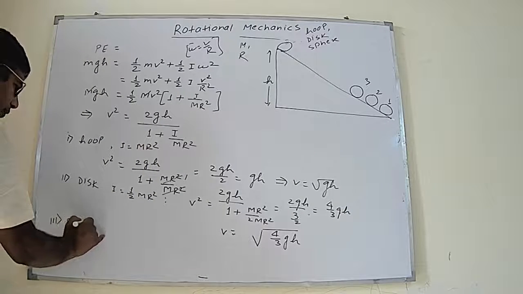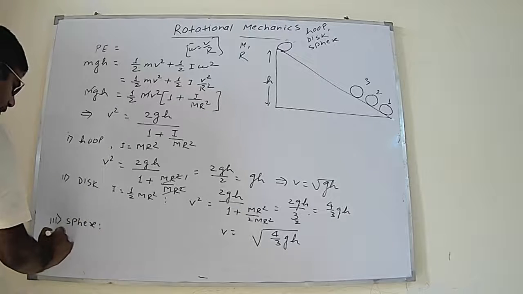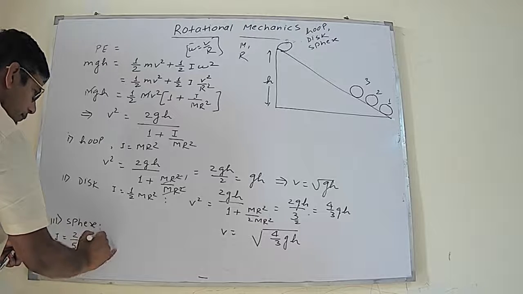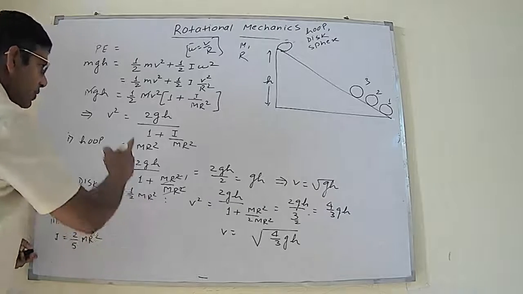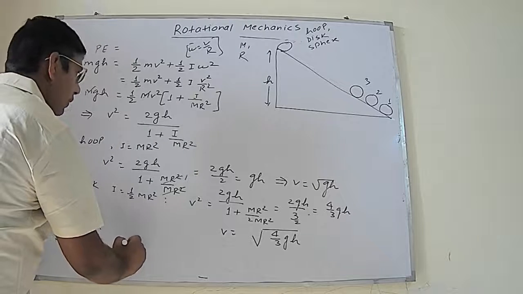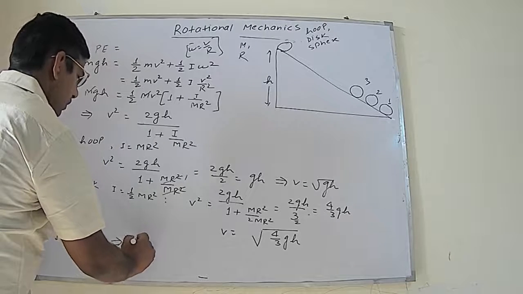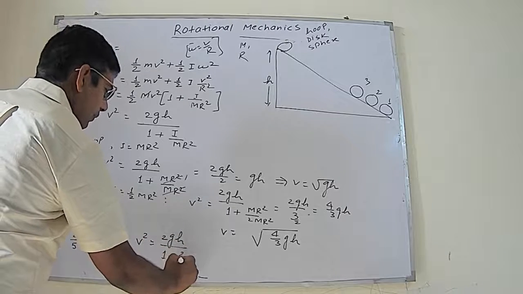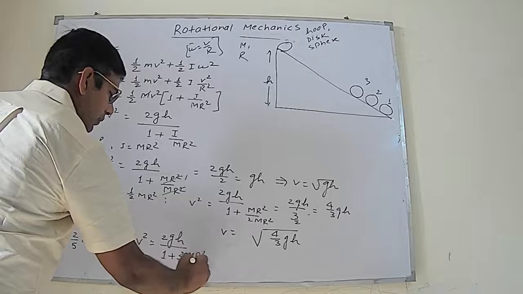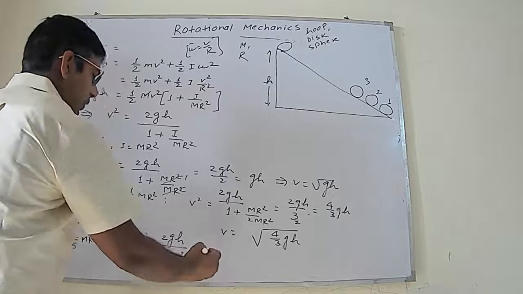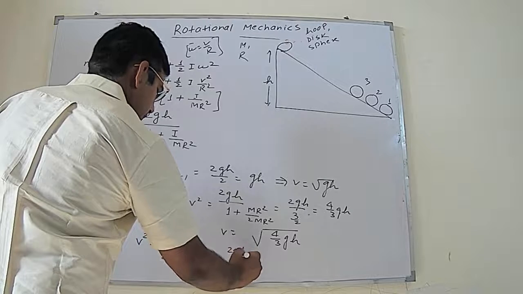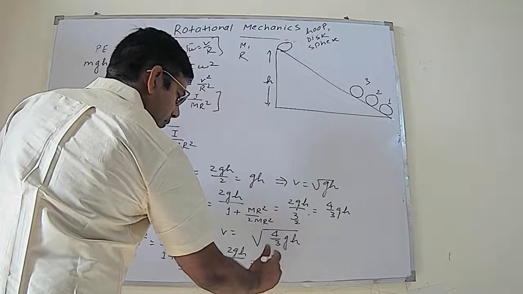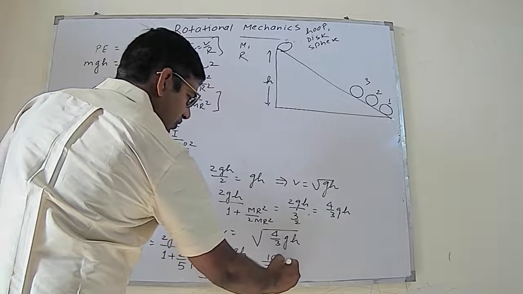And what about the third case, the sphere? For the sphere, I is 2 by 5 mr square. Using the same expression, v square is 2gh over 1 plus 2 by 5, so 2gh over 7 by 5, which is 10 by 7 gh.